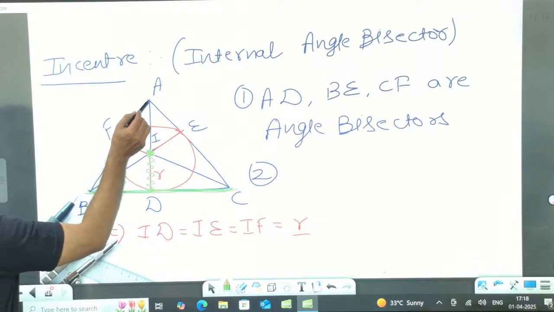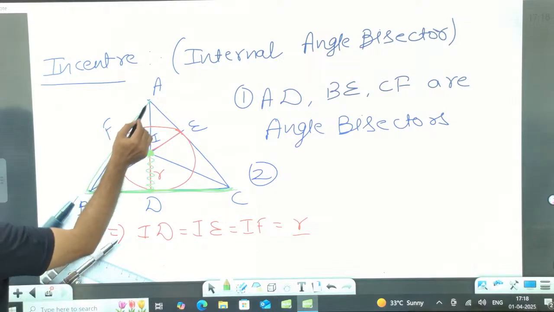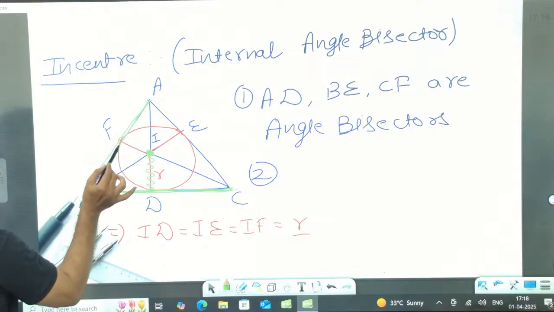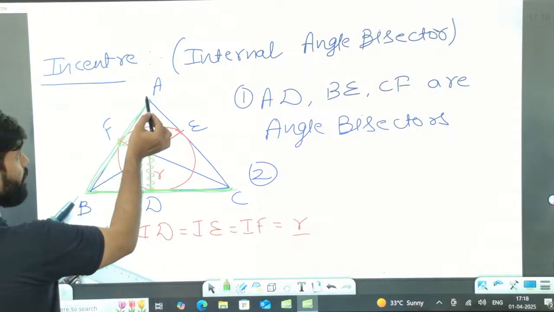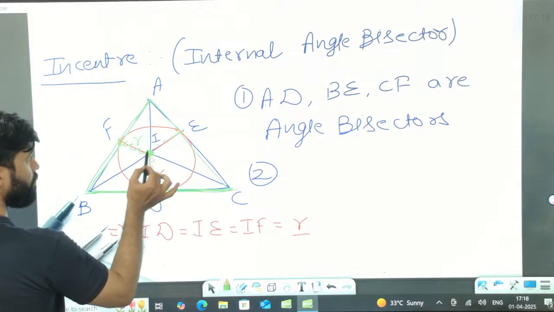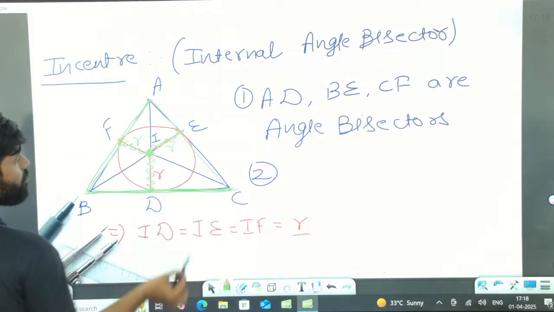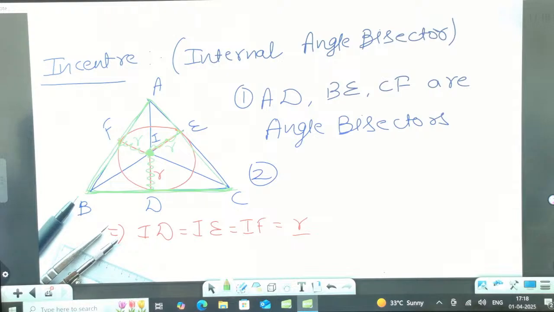From this side, if I want to go to this center, I have to travel again r, and from this side also I have to travel r. That's why it is equidistant from all the sides. So usually they ask this in theory. They will give you the options incenter, circumcenter, and will give you this line, which center is equidistant from the sides. Then your answer will be incenter.